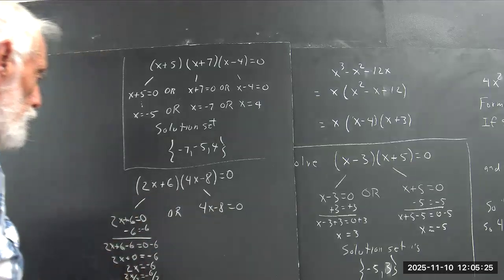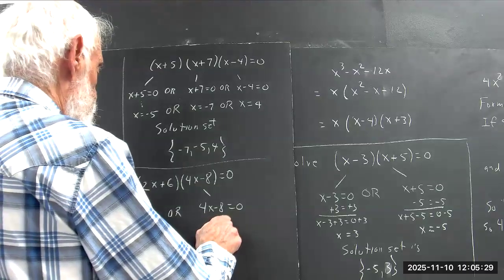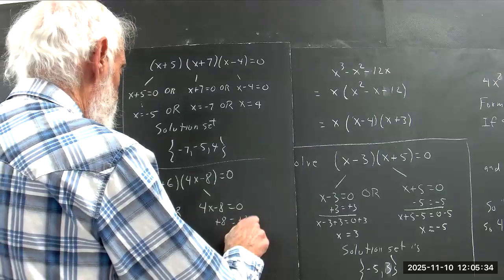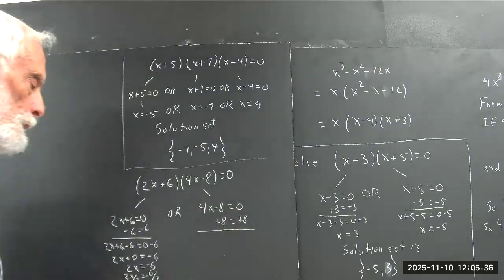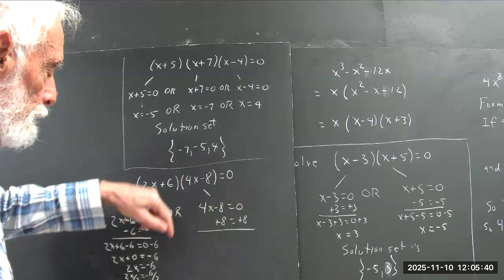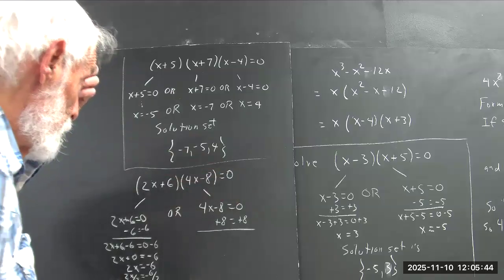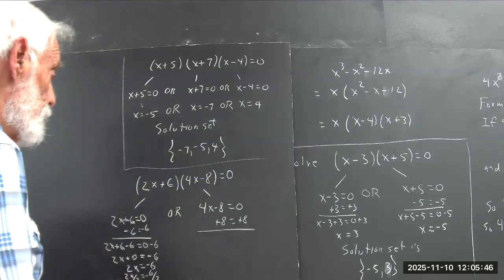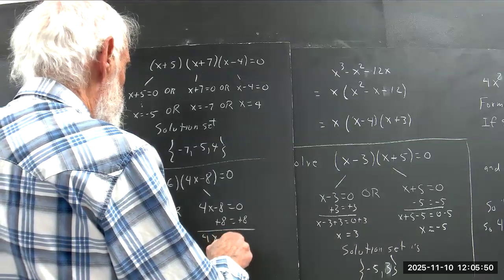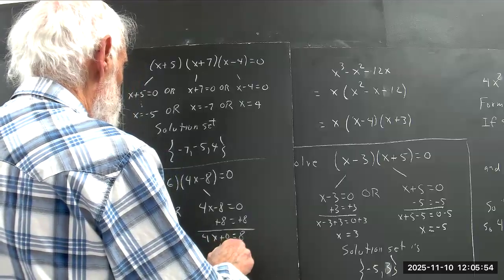Okay, now I'm not going to write out all the details here, but we start by adding 8 to both sides by adding the equation +8 equals +8 to the equation 4x minus 8 equals 0, because we don't want that 8 there. That gives us 4x plus 0 equals 8, which is 4x equals 8.